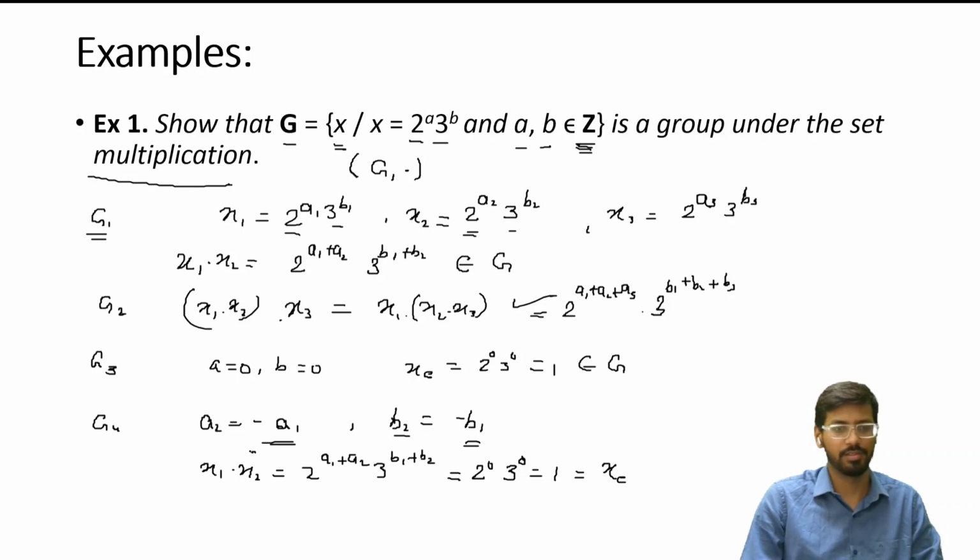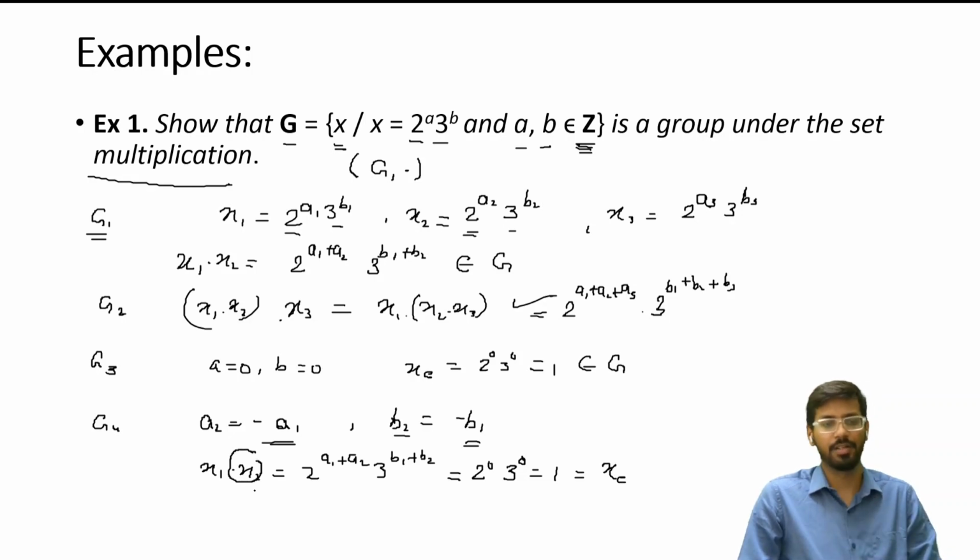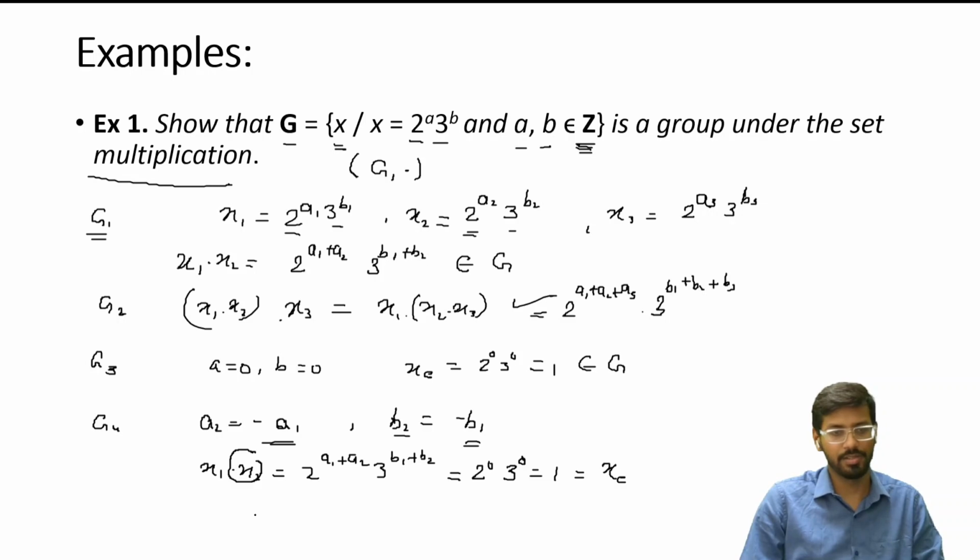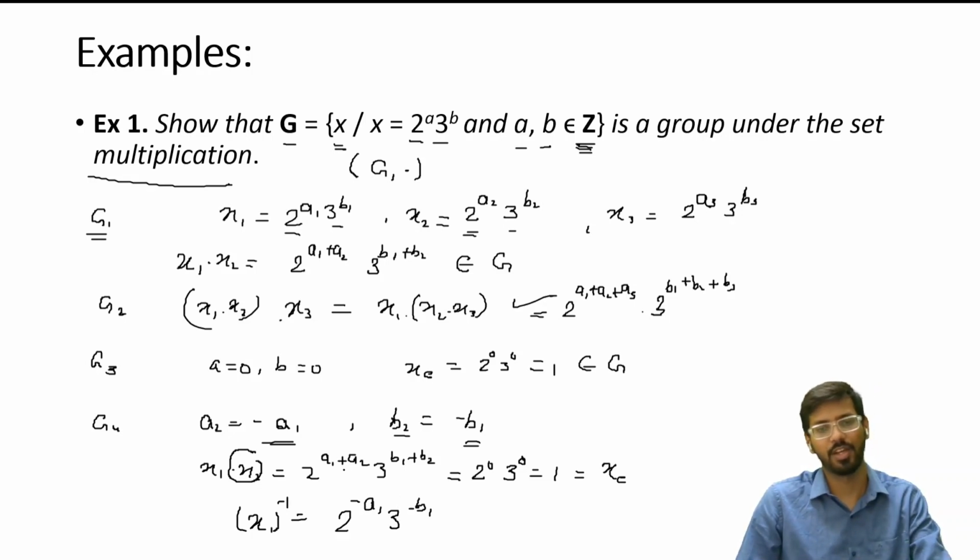So this is the inverse element. The inverse of x1 is 2^(minus a1) 3^(minus b1). So all four properties are satisfied in this group, so we can call it a group.